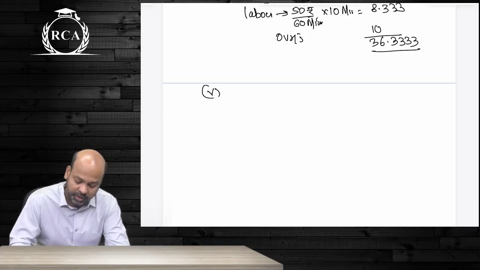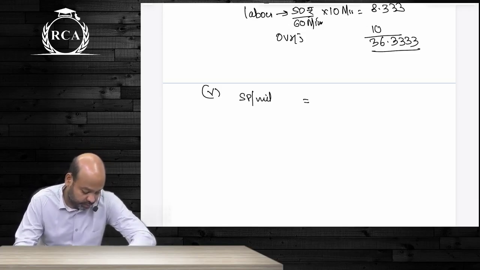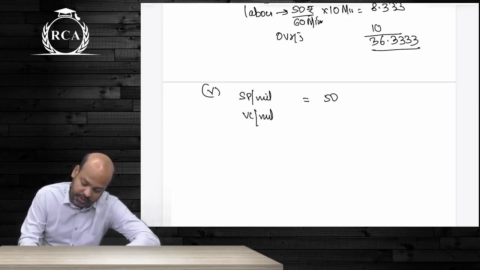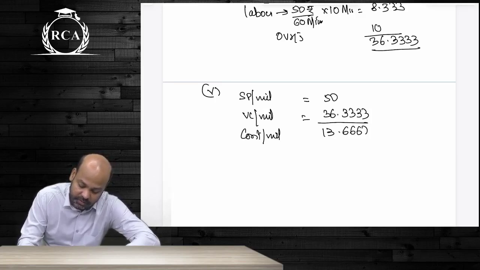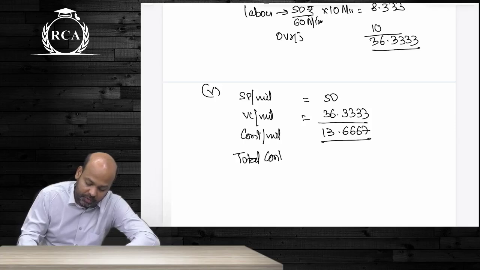गाइस इवन मोर इजियर. सेलिंग प्राइस पर यूनिट गाइस कितना है? 50 rupees. Variable cost per unit is 36.33333. So contribution per unit, guys, will be 13.6667. Total contribution beta will be this into 1 lakh.